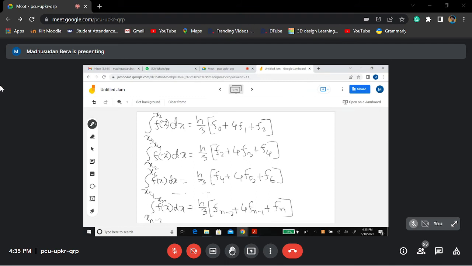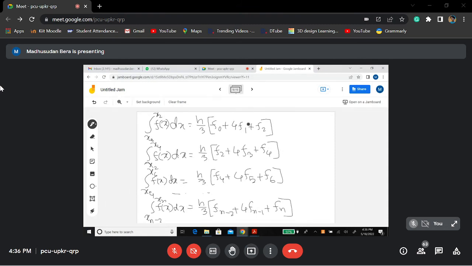Is this okay? Yes, sir. Now what will be the total integration? We will add all those things. If we add all those things and take h by 3 common, f0 occurs only once, fn only once, f1 occurs 4 times, f3 occurs 4 times, and so on. But how many times does f2 occur? Here and here, 2 times.